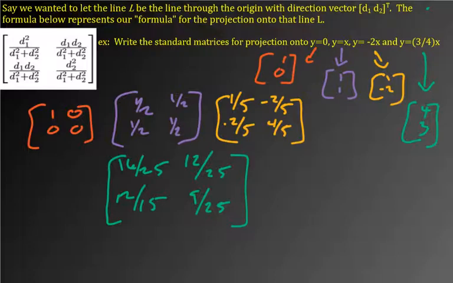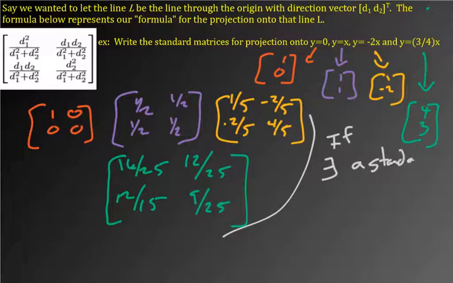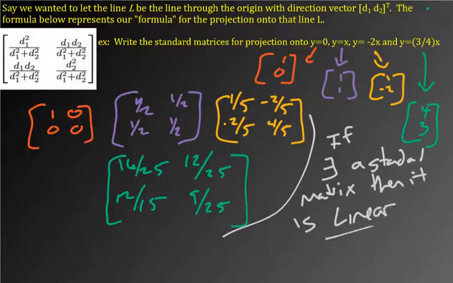The really important result that I want you to know is that in linear algebra, if there exists a standard matrix, then it is linear, all right? So all things that you can represent as a matrix are inherently linear transformations, which is a really important property.